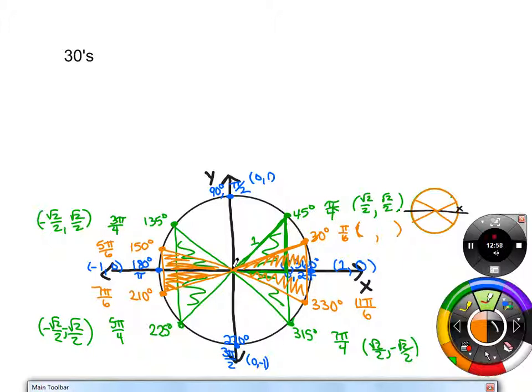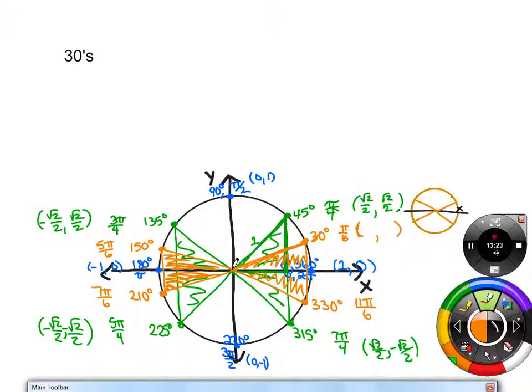Now, here's the tricky part. It's not the same number, so you've got to pay attention to where you put the 1/2 and where you put the root 3 over 2. Let me ask you guys this. What's bigger, 1/2 or root 3 over 2? Root 3 over 2. And in a triangle, smaller sides are across from smaller angles, and larger sides are across from larger angles.